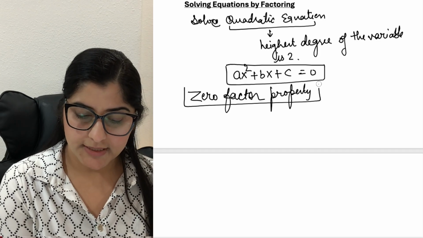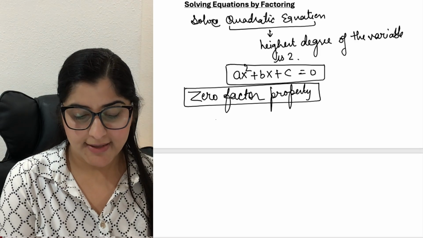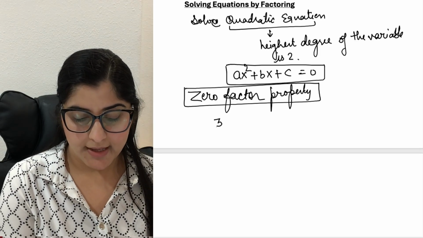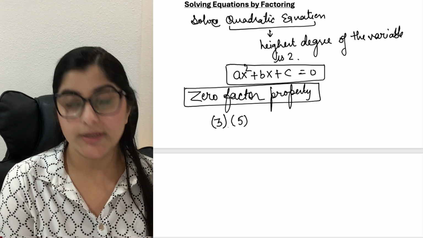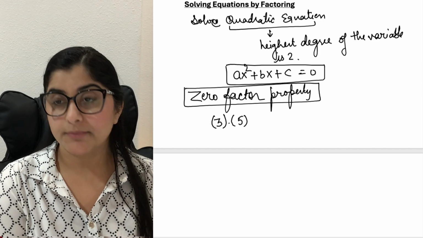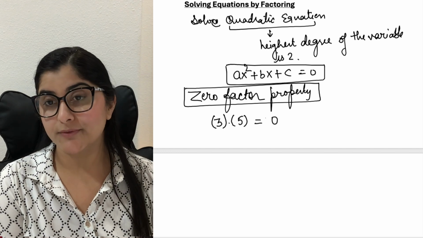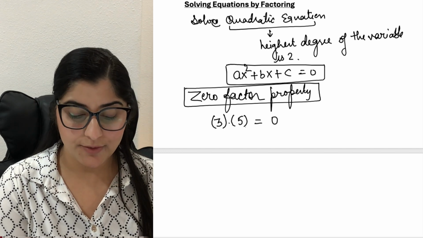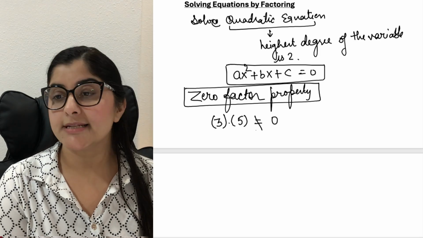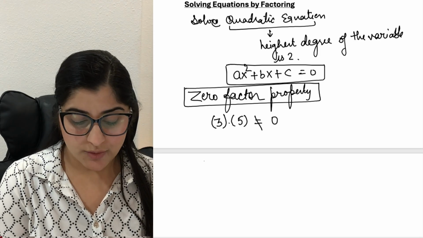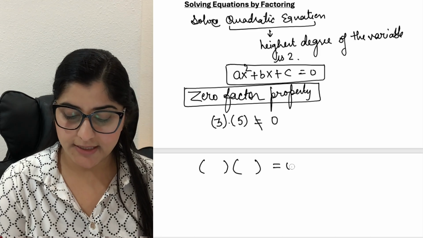Zero factor property. First of all, suppose we have two factors 3 and 5 and I say the product of the two factors is 0, is it possible? 3 times 5 can never be 0, or any two non-zero numbers' product can never be 0. So when can the product of two factors be 0?